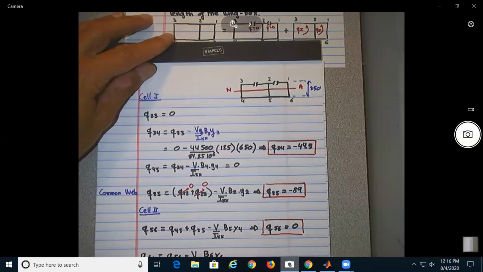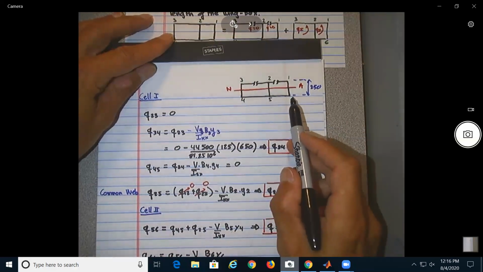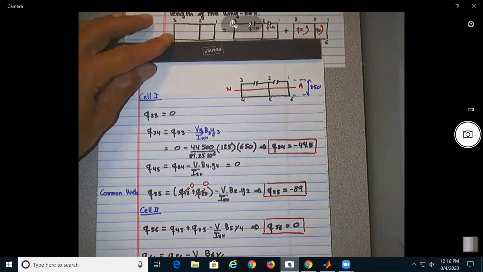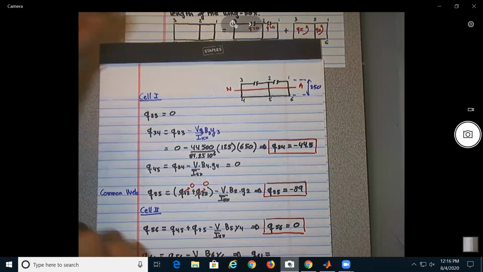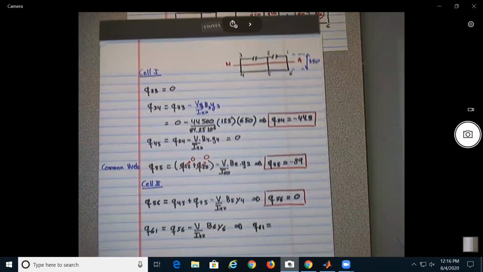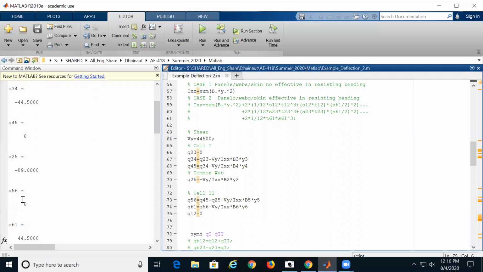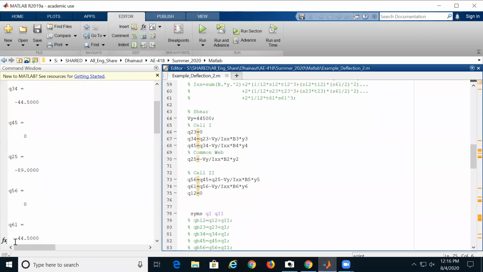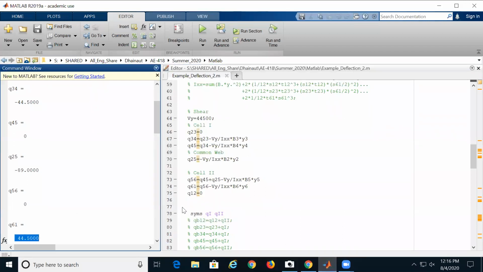Because y6 will be equal to minus 125, it will be negative, negative. This will become positive, and you have Q61. That one is equal to 44.5, okay? The same thing as on the other side.